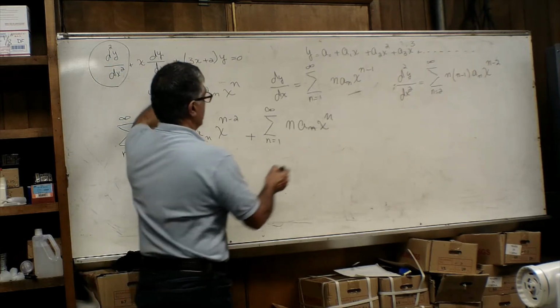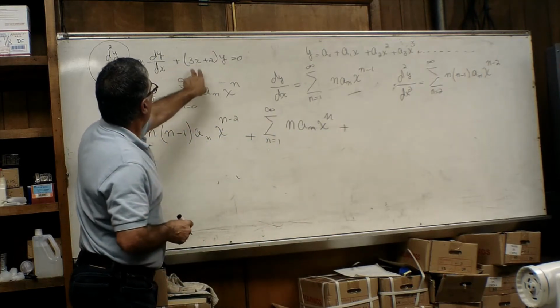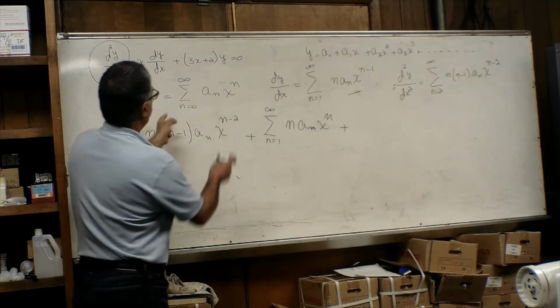Plus, now here we got two portions. First portion, 3x multiplied by y.